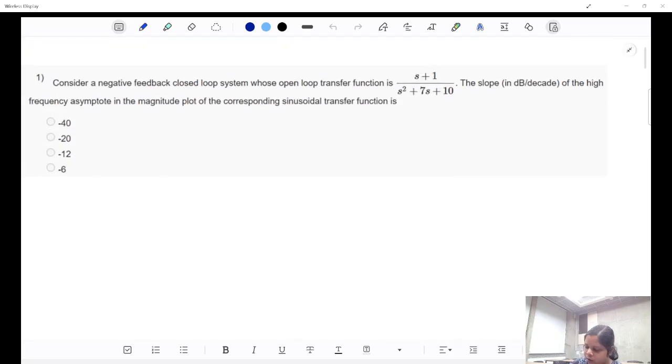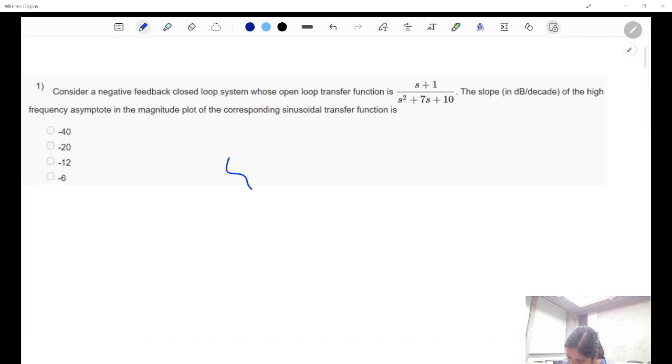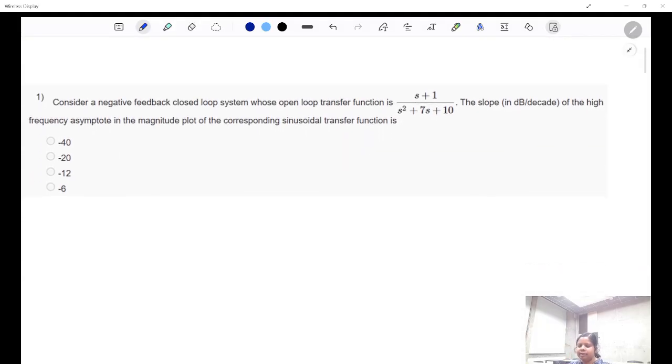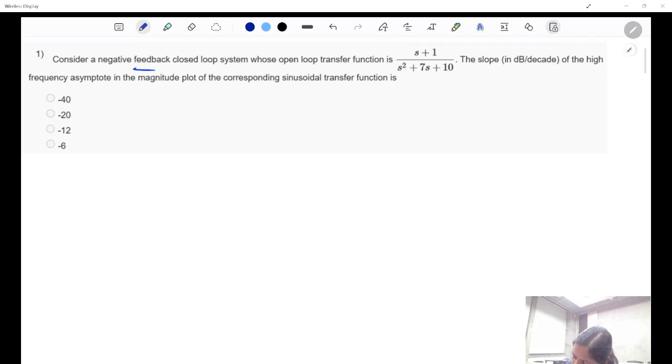Okay. So the question is, consider a negative feedback closed loop system whose open loop transfer function is given by (s plus 1) upon (s square plus 7s plus 10).